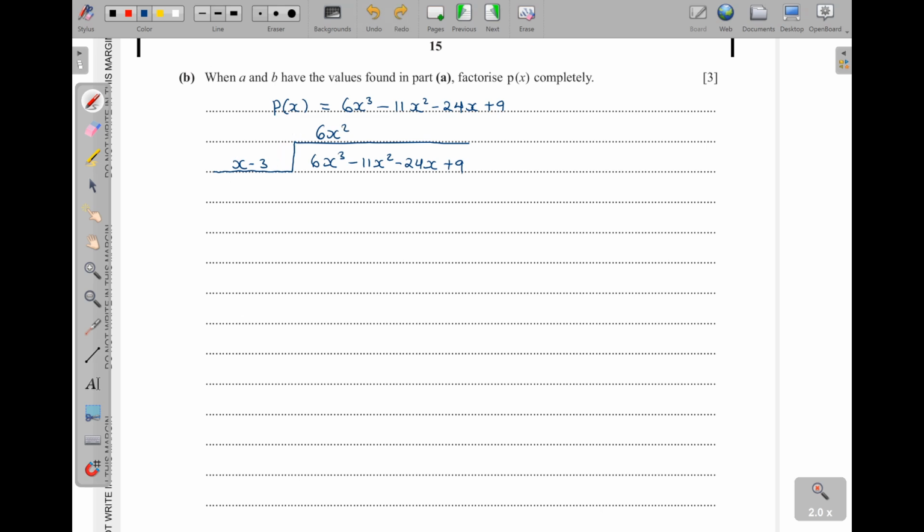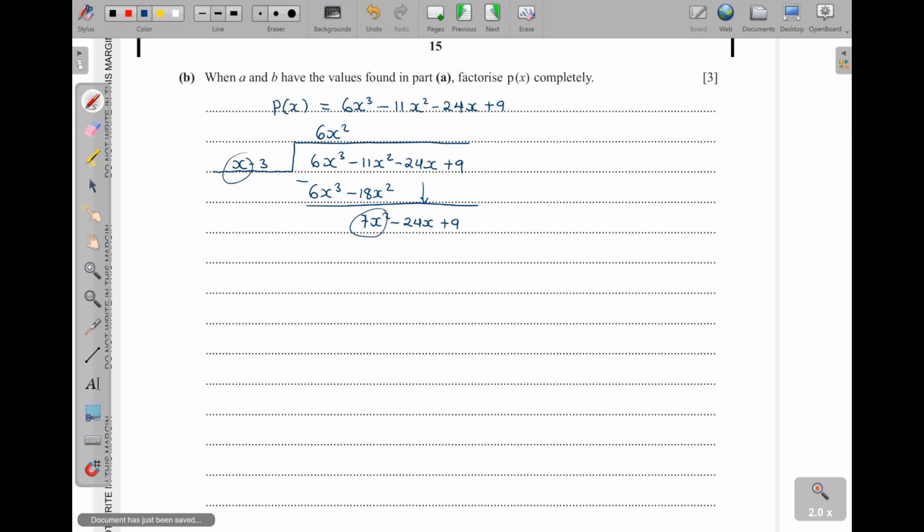So we shall still get 6x cubed, and then negative 3 times this one will give us negative 18x squared. Then when we subtract, negative 11, then plus 18, because the minus and the minus is a plus, that will give us a 7. So I will write 7x squared here, then drop the minus 24x, then plus 9.